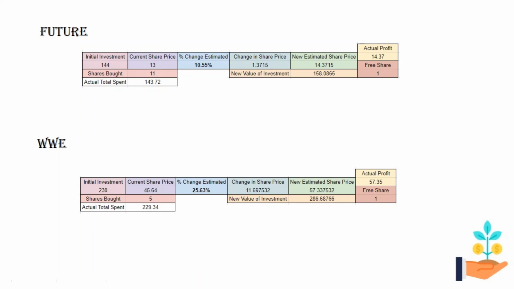And similarly with WWE, which as we know, I've mentioned several times in my portfolio updates, that they fired 2 of their co-CEOs, and so the price dropped from 62 to 40 odd, and so I bought at 45, and hopefully the value will go up. It's a very decent company, so I know that hopefully they will eventually reach back to the original price. And so for me to receive a free share, the share needs to hit $57.